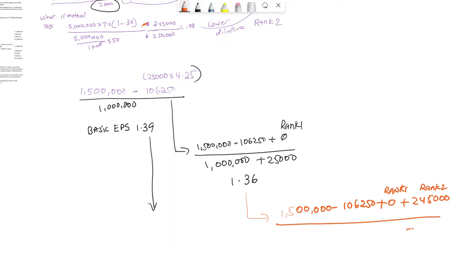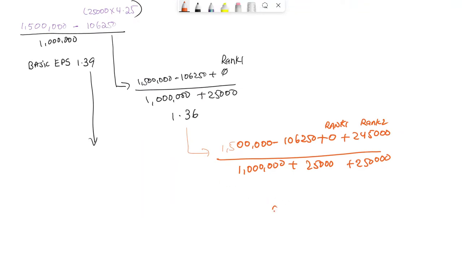At the bottom, my number of shares is 250,000. We started off with 1 million, and my rank 1 was 25,000, and then I put it all together. What am I going to get? I'm going to get diluted earning per share, which in this case will be your $1.29.